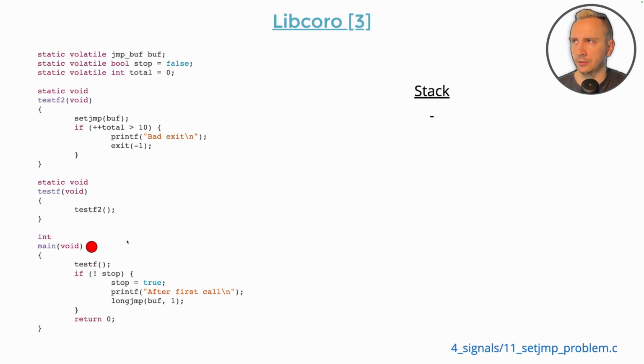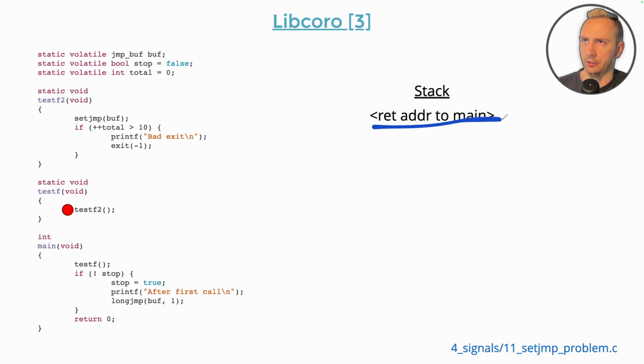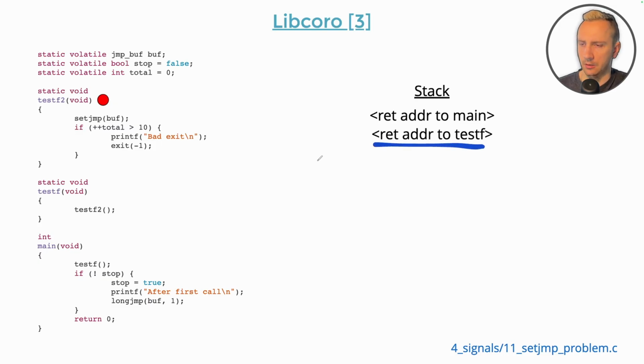So the main function is started. Now we try to call the testf function. We enter it. The stack currently contains the return address to main. I call testf2 and enter it. The stack now contains the return to testf. Now I remember the current position on the stack and the current instruction, and I return.